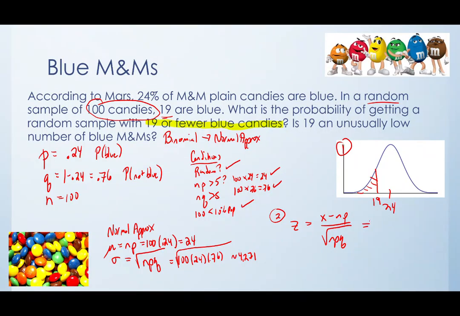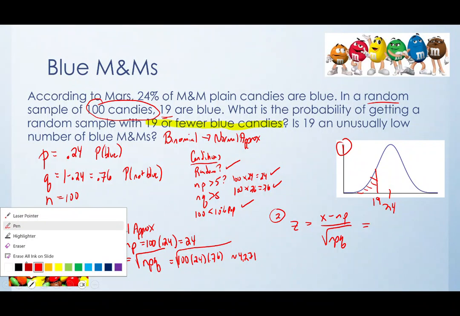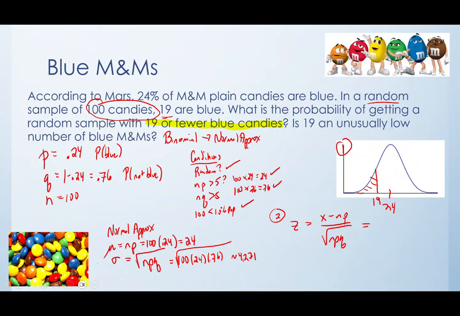And the question next is, what x value should we use, right? And so here we're going to draw our binomial rectangle at 19. And we say, well, is 19 included? Well, we're asked for 19 or fewer, so 19 is included. So yes, we are going to go to the upper bound of that and use 19 and a half.